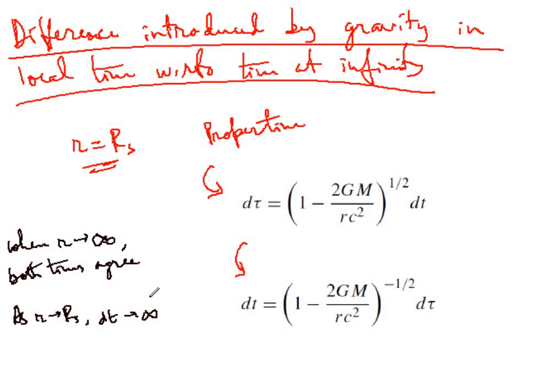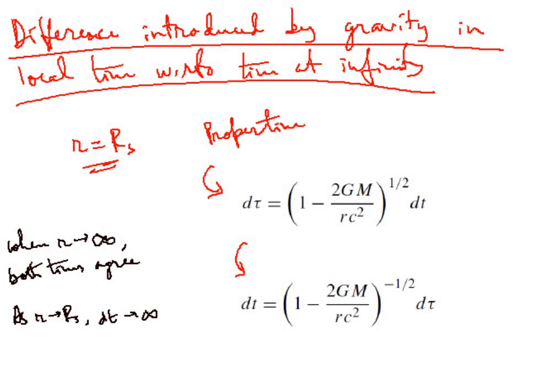That means the object never reaches the Schwarzschild surface when seen by an infinitely distant observer. The closer the object is to the Schwarzschild radius, the slower it moves for the external observer. Now this is the difference introduced by gravity in the local time with respect to time at infinity.